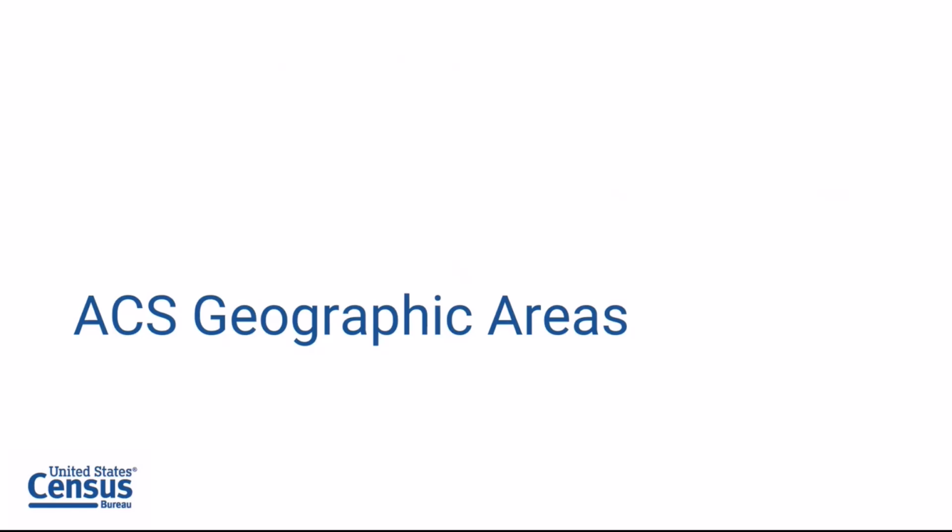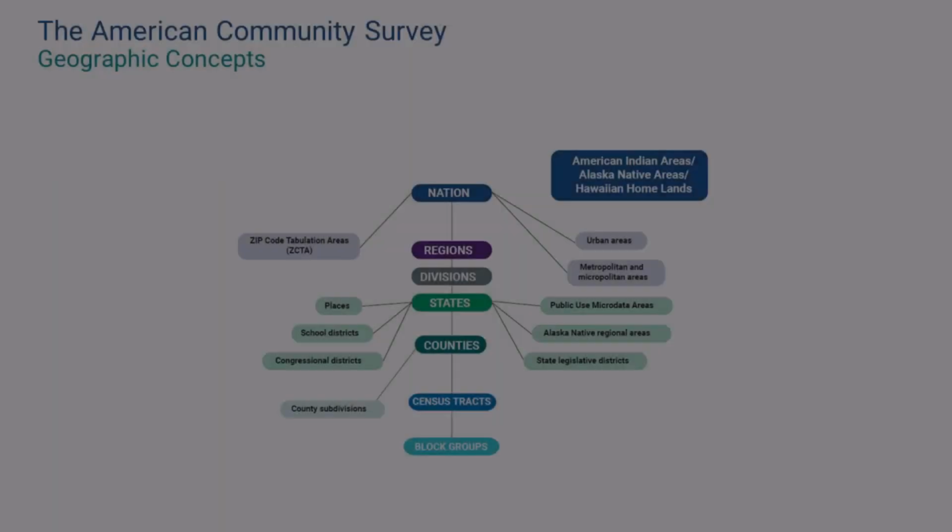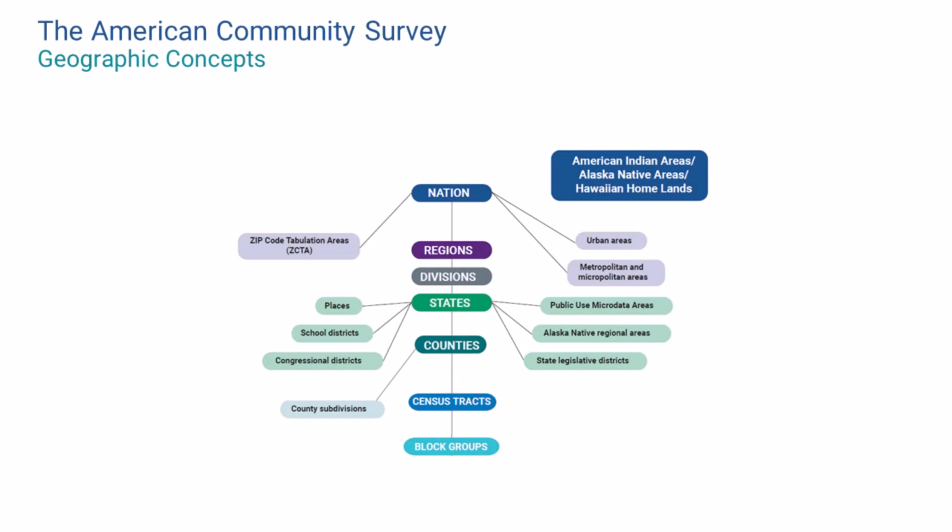Depending on what survey we're discussing, different geographic areas are available. So we're going to talk about what geographies are available for ACS data. There are many geographic areas for which you can find data.